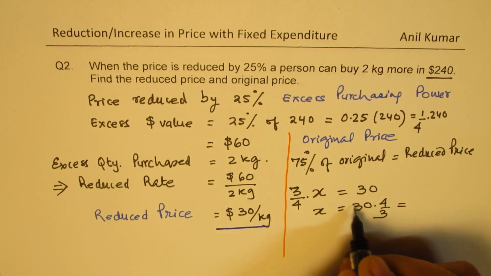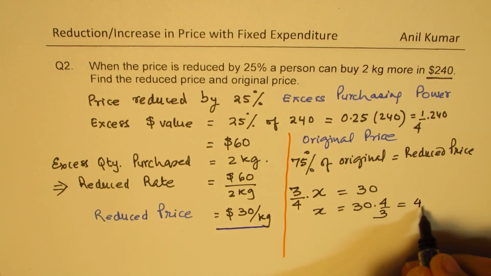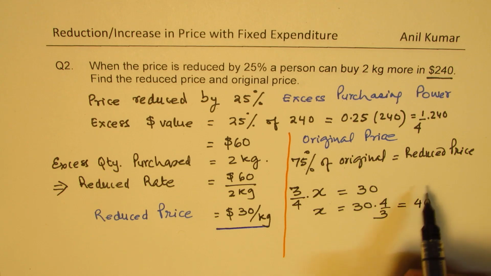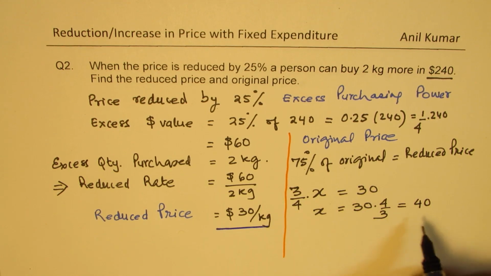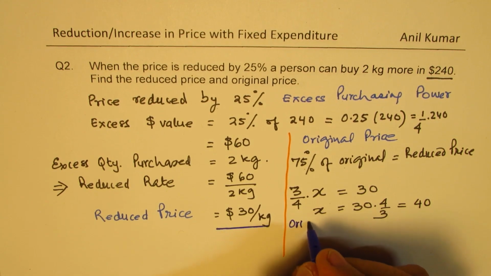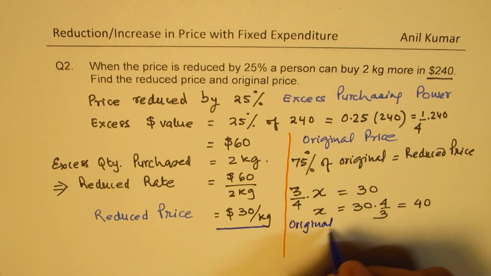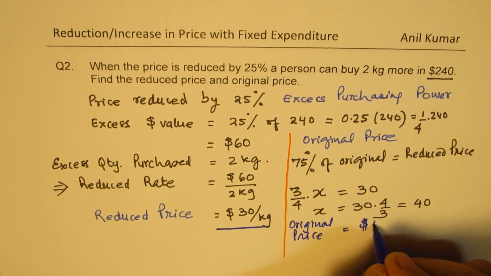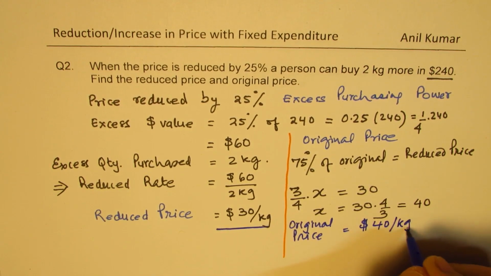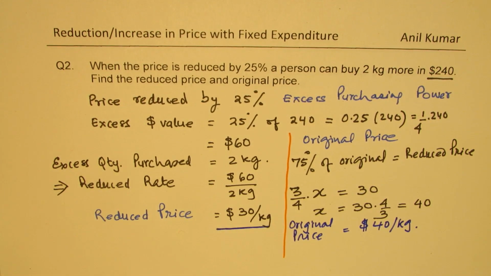When you multiply, you get 10 times 4, $40. So we get the original price as $40 per kg. Is that clear? Do you like this method? So straightforward.